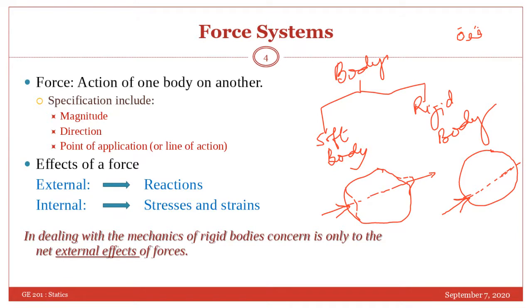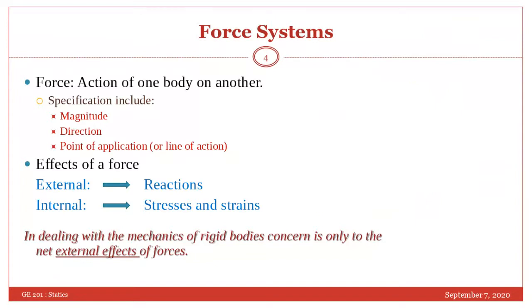So now, what are the effects of a force? When you apply force on a body, what effects does it show? One effect, which is called external effect, is related to the reactions, irrespective of the type of body, whether you have a soft, deformable body or a rigid body.